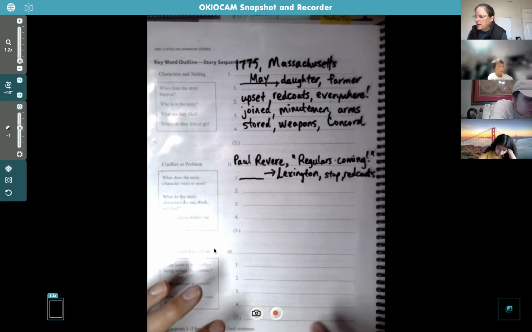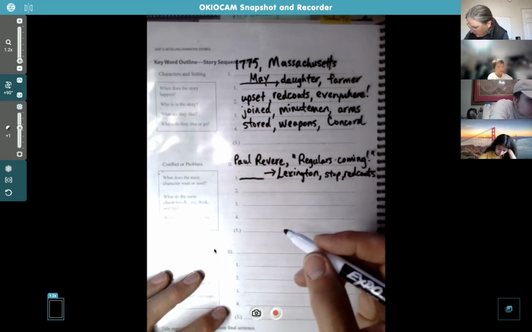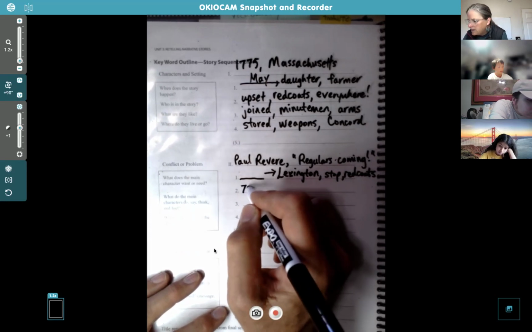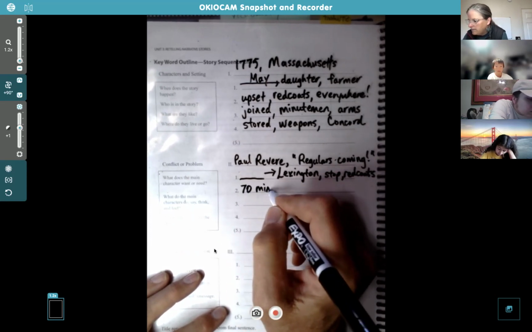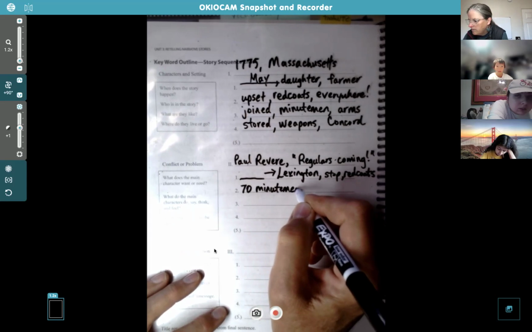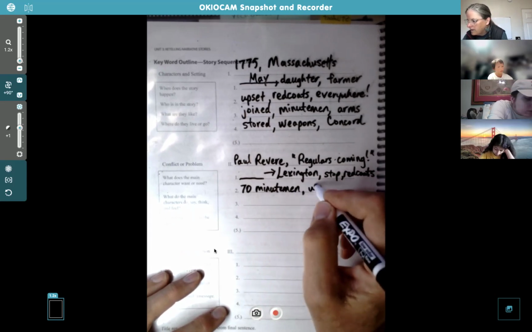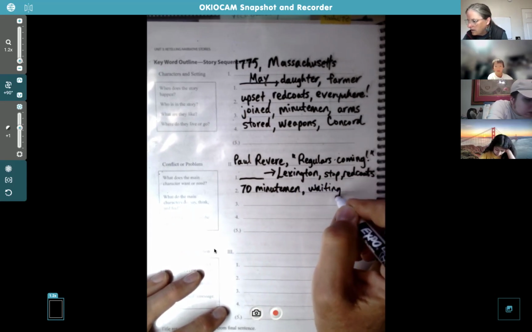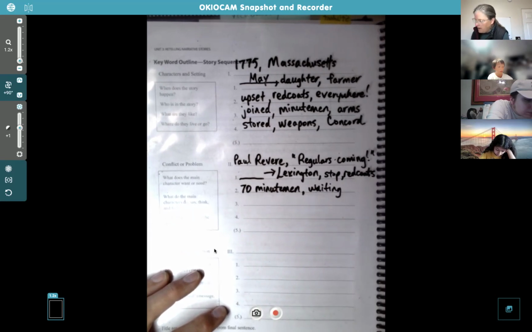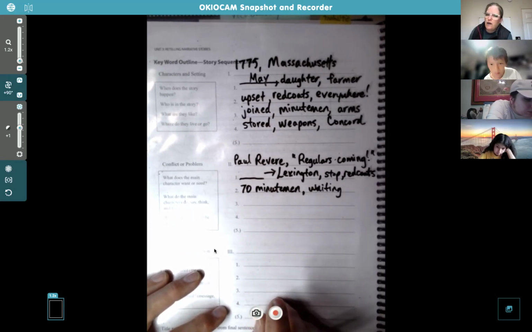And they made it to Lexington. When they got there, there were 70 Minutemen waiting there. And then who remembers how many British were there? There were 70 Minutemen, but how many redcoats showed up?